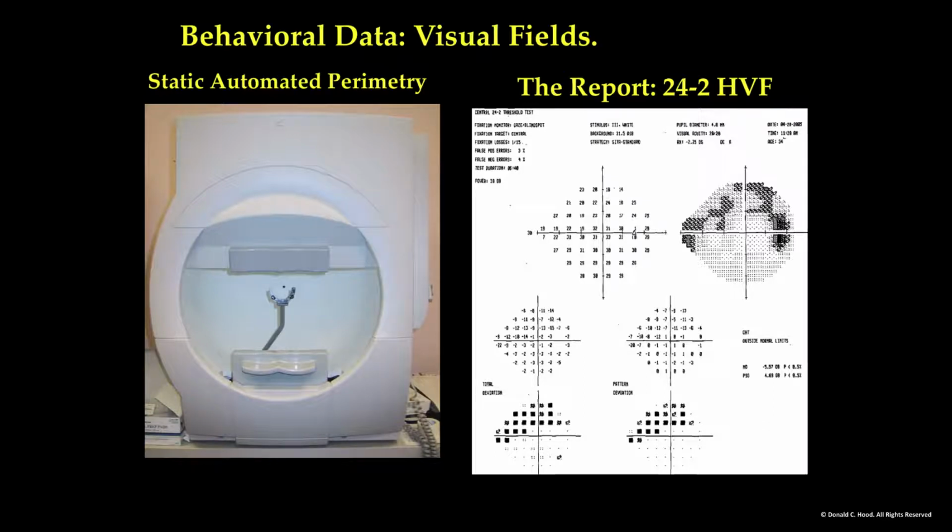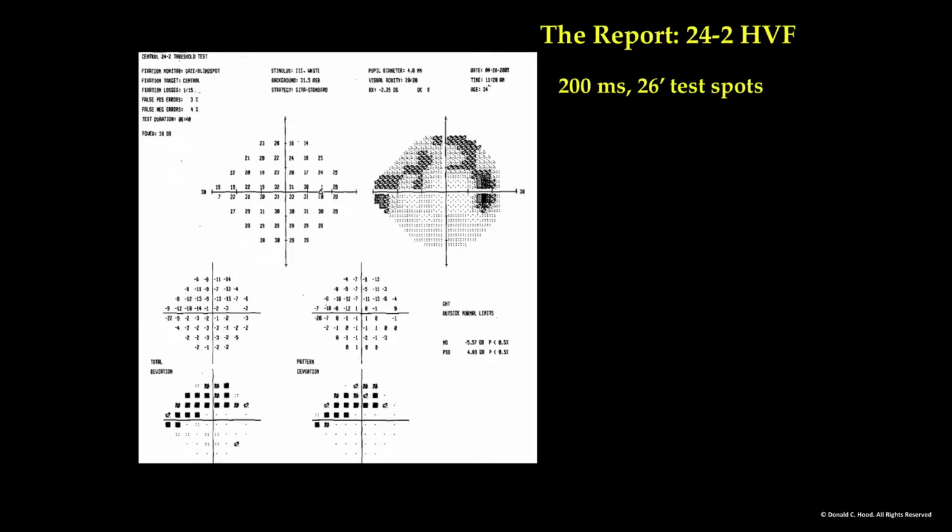There's a slightly larger version, the 30-2, that some of you probably use. Now again, I'm assuming basically you've been through this material, but I just want to review a few things that we're going to be using, so that you want to keep in mind. The individual here is asked to identify and press a button whenever he or she sees a spot of light which is relatively small and relatively brief.